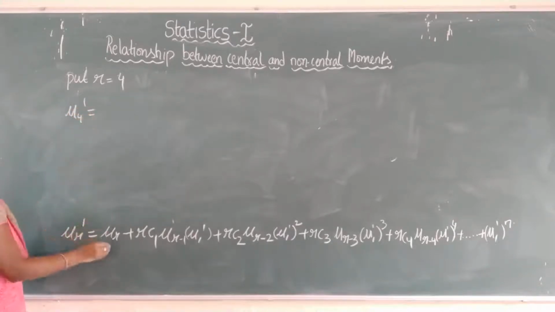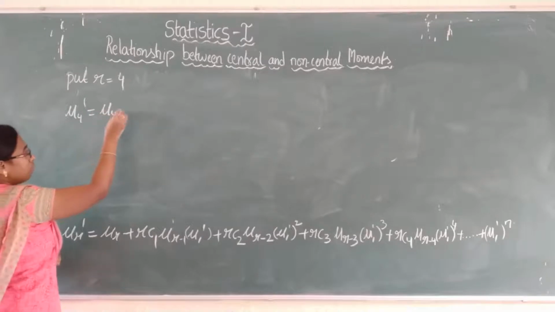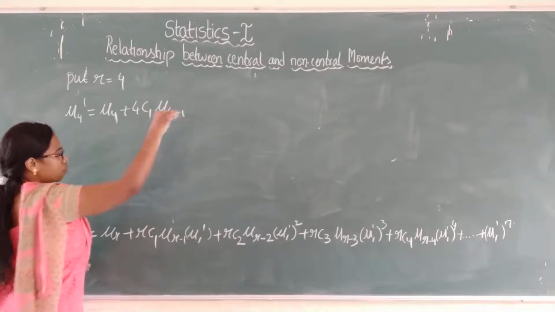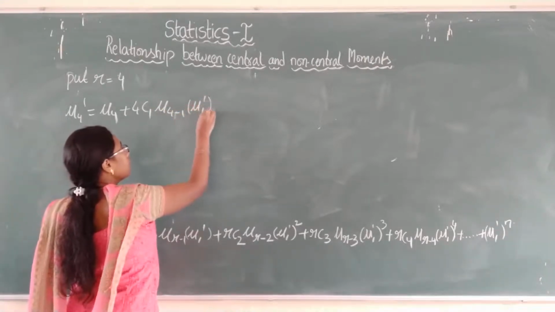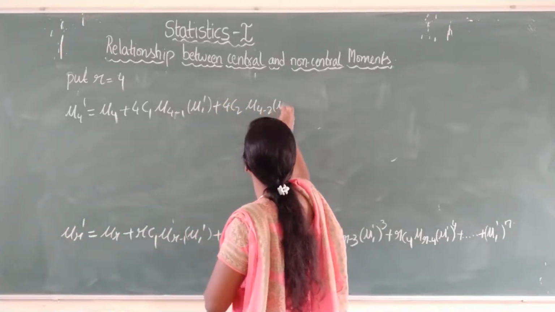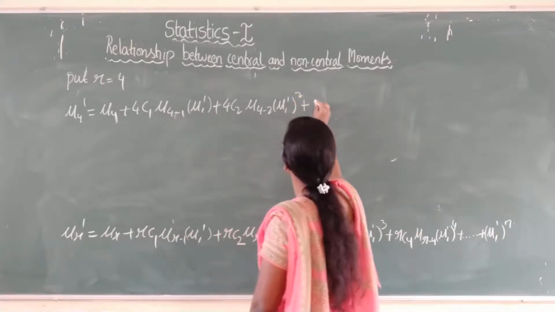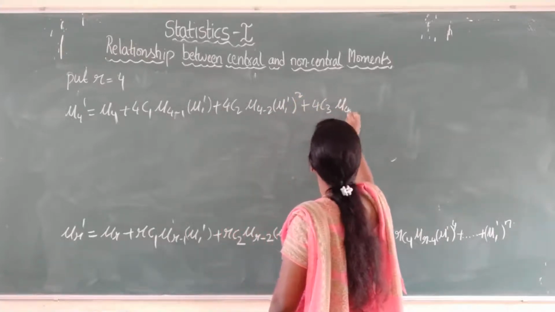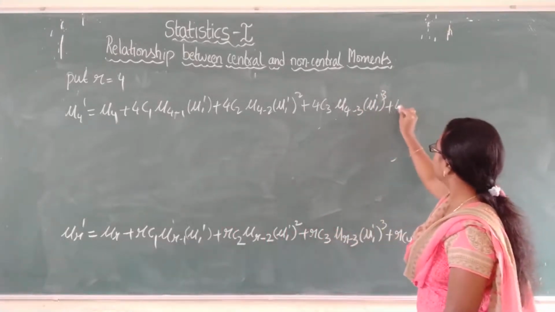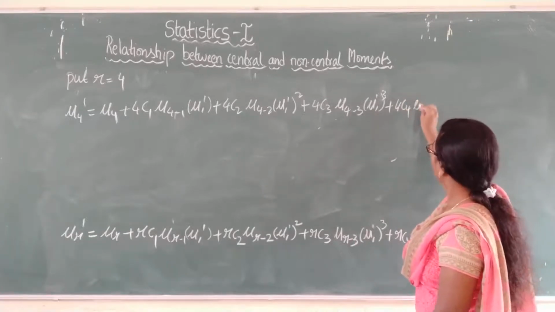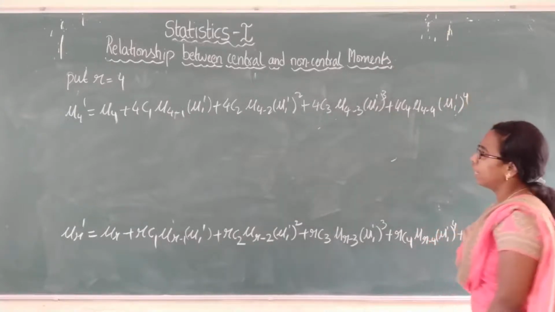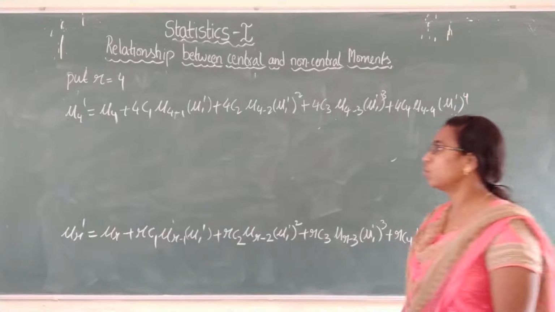Mu4 dash equals to mu r, that is mu4 plus 4c1 mu4 minus 1 into mu1 dash, plus 4c2 mu4 minus 2 into mu1 dash square, plus 4c3 mu4 minus 3 into mu1 dash cube, plus next term 4c4 mu4 minus 4 into mu1 dash power 4, and the higher moments are ignored.